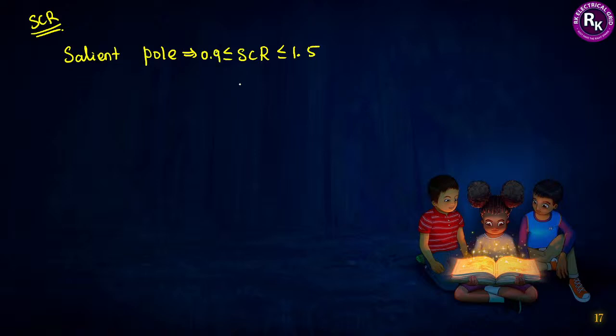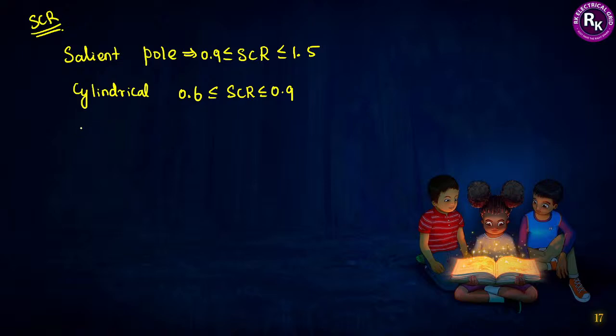This is the SCR range for a salient pole machine. Suppose I am talking about a cylindrical machine, then the short circuit ratio lies between 0.6 to 0.9.